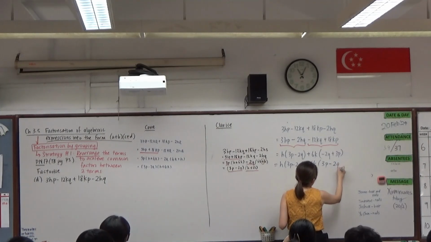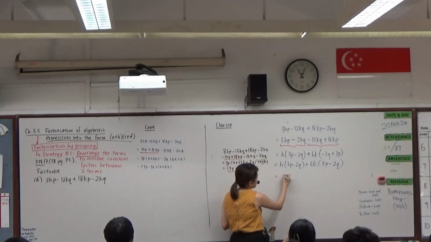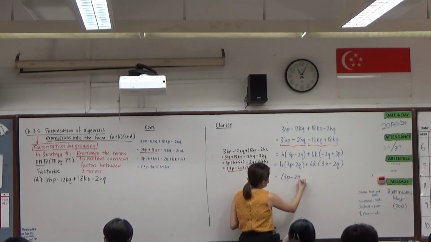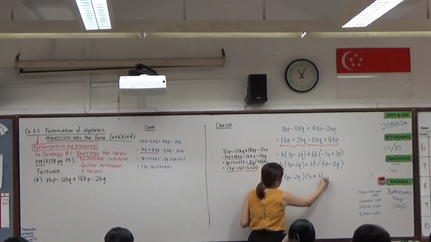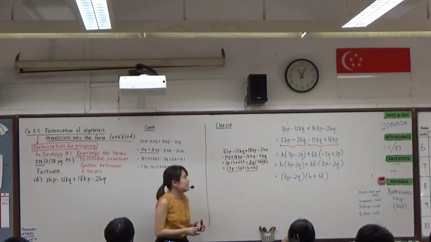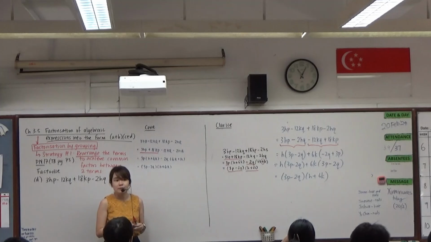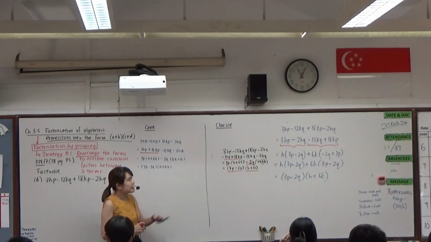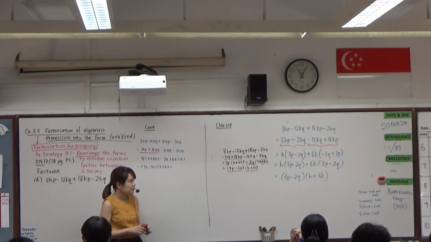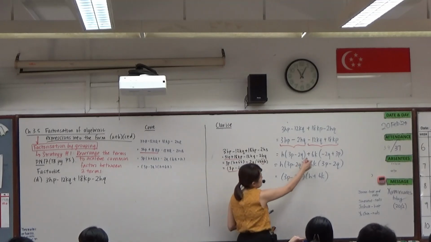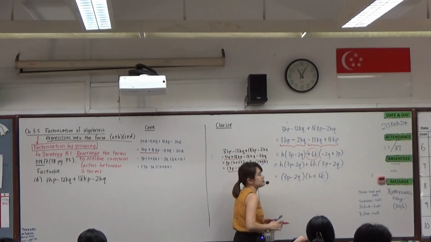Then we can now extract out 3P minus 2Q and H plus 6K, and that will be giving us the same answer as well. So it's fine to reorder it in this manner, just that over here we are extracting out positive 6K.